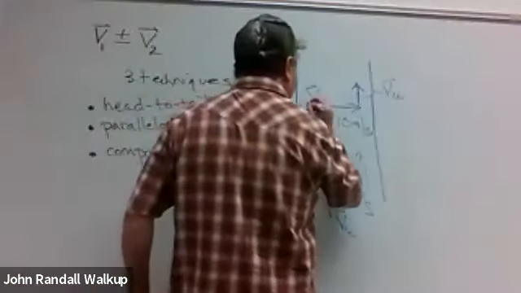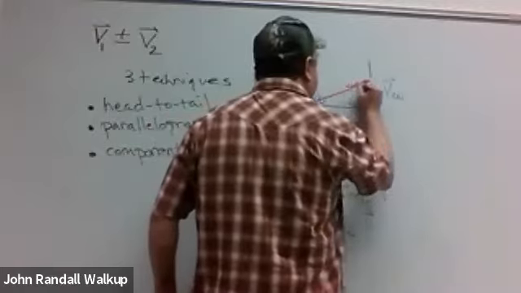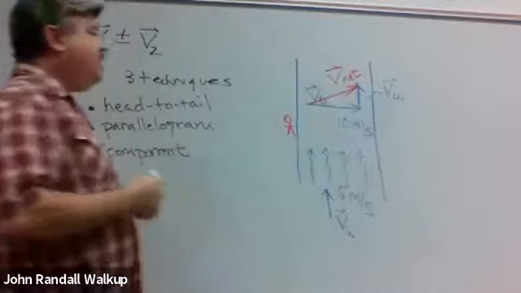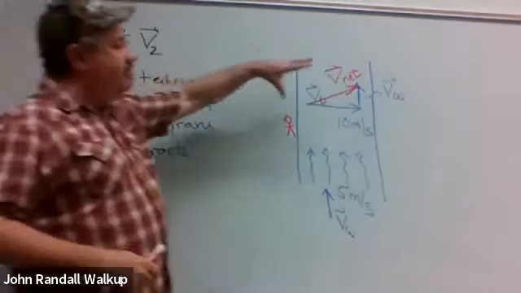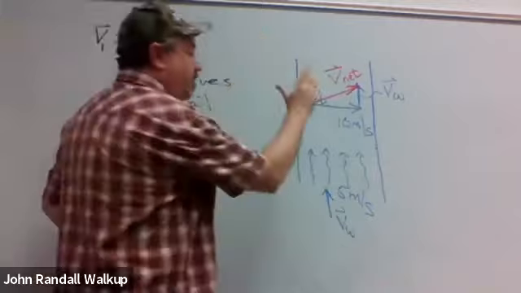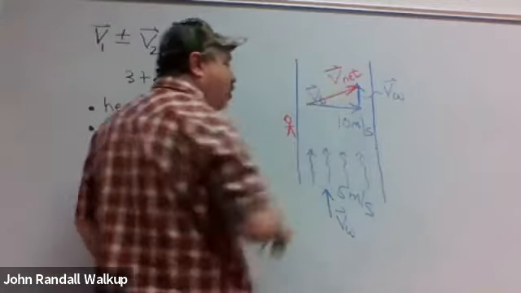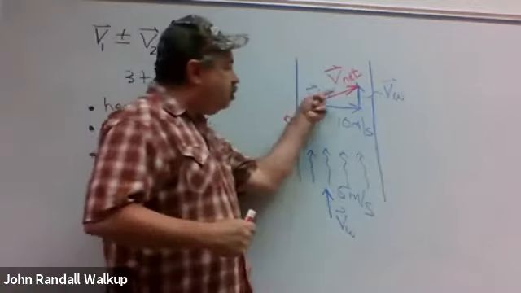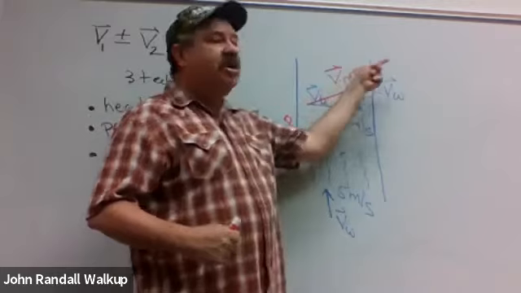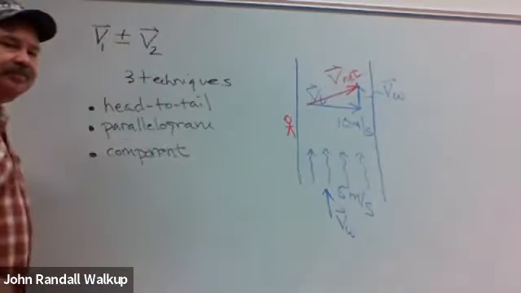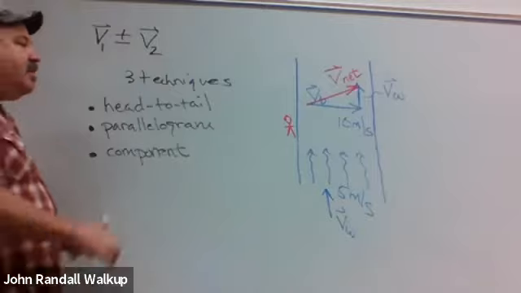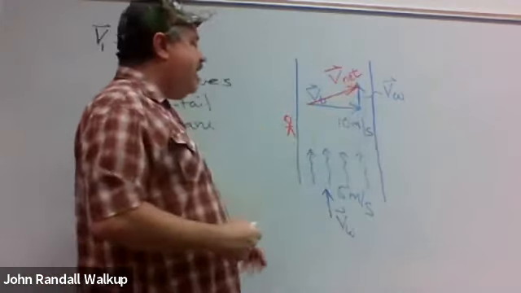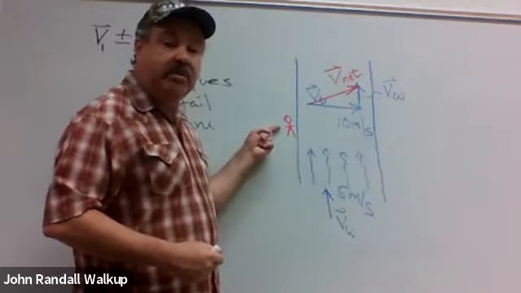And the net is this velocity. What does this represent? The direction that the red arrow points is the direction of travel. Don't forget that. This is the direction that the boat will travel across the river. The length of it is how fast it will be traveling in relation to this person watching.